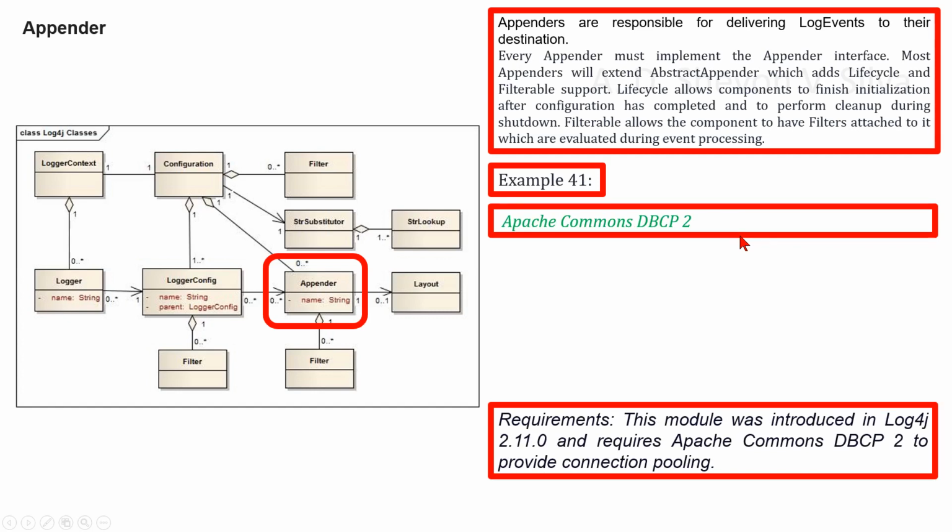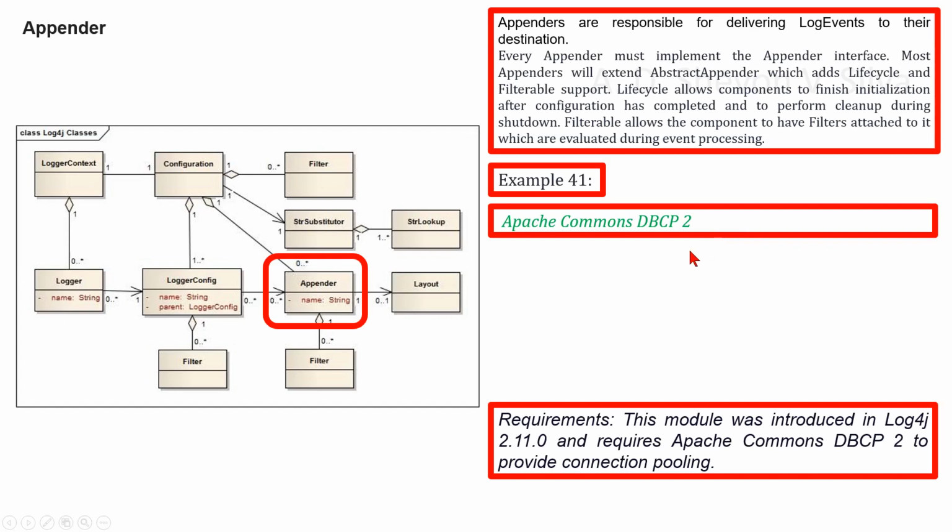With regard to requirements, this module was introduced in Log4j 2.11.0 and requires Apache Commons DBCP2 to provide connection pooling.